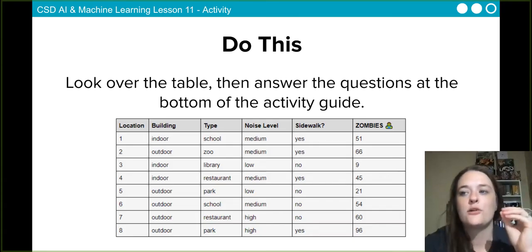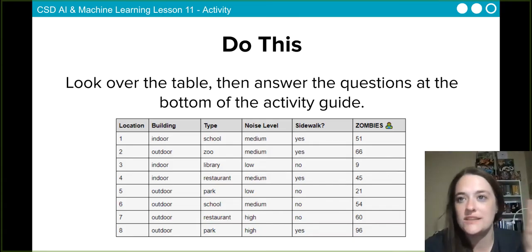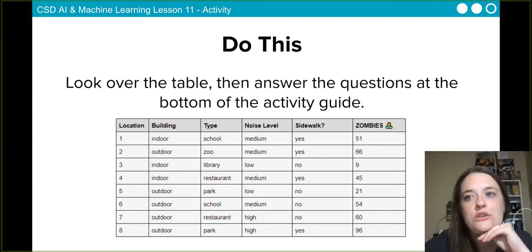Okay, so that just seems to be proven by this data right here, right? You may also notice that zombies tend to group at locations where there are humans or animals, like schools or zoos. Duh, what else are they gonna eat?